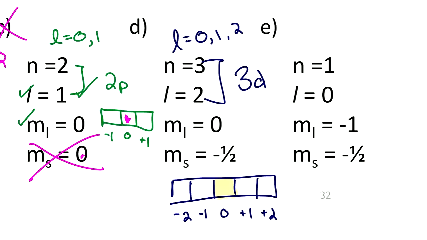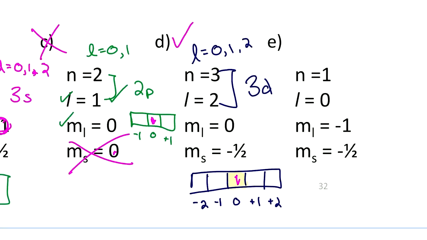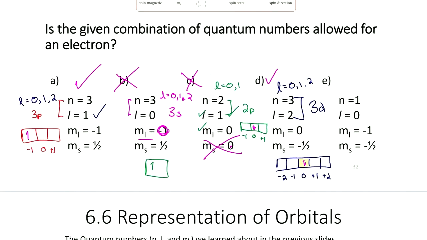Is the spin okay? Yep. If I wanted to draw this, I would put an electron in that middle box, spin down, like that. That's the electron I'm talking about: a 3d subshell, in the middle box, the orientation of 0. So D is correct. So far only A and D have been correct.